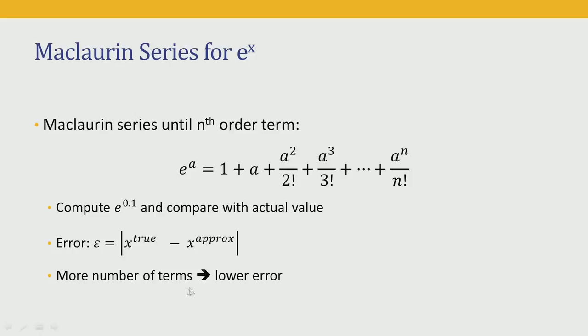So, what we saw over here is that once we introduce greater number of terms, we are going to reduce the error. This is something that we are going to see consistently in this particular course. So, if I can summarize these results, when you have an infinite series, the greater number of terms that you retain in the infinite series, the greater is the accuracy, or conversely smaller is the error.